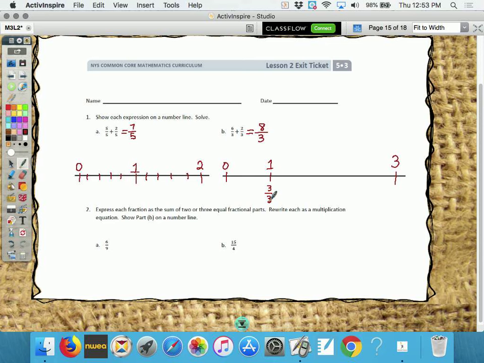Might be a good idea to label those whole numbers. The second is 6/3, and then you said 9/3. That's easy, you just count by 3, 6, 9. Okay, so what's my denominator? 3. So 2 tick marks between each whole number.